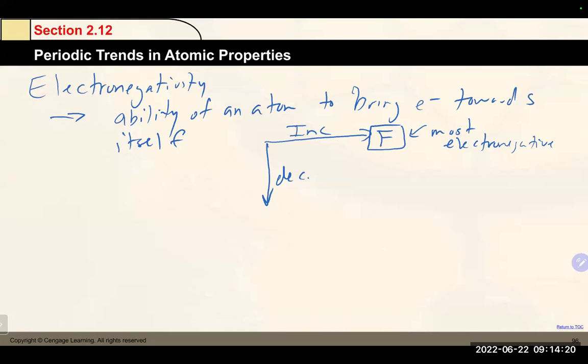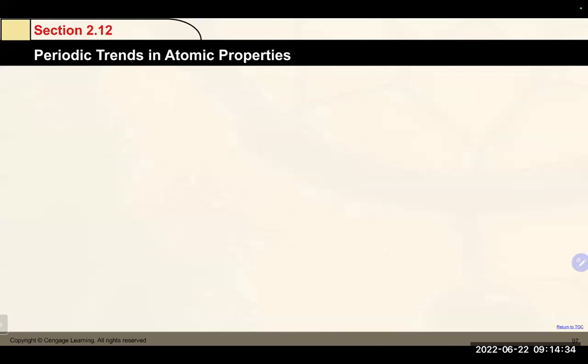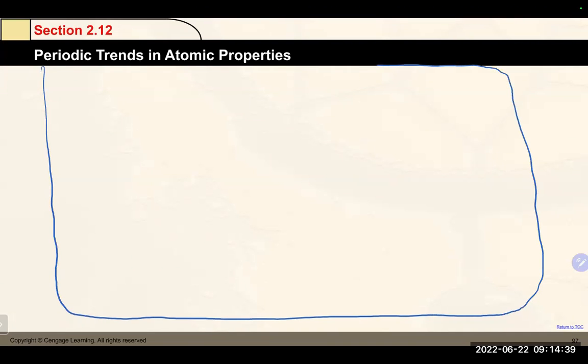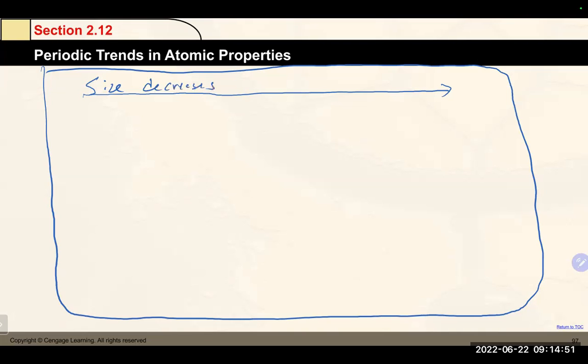So electron affinity is the energy change that occurs as a result of gaining electrons. Electronegativity is the ability to bring those electrons towards itself. If we put together all of the trends we just talked about on the periodic table, we can see why certain things occur. First off, going up and to the right, the size decreases, and coming this way, the size increases.